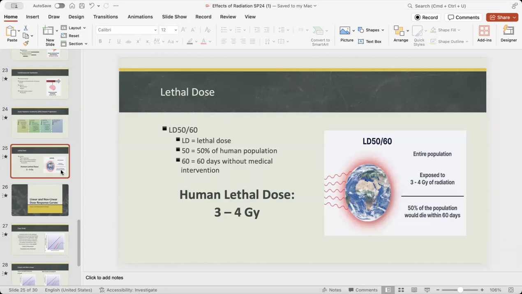So it is the dose of radiation that will kill 50% of the population within 60 days without any medical intervention. A human's lethal dose is going to be between 3 and 4 gray. So if you ever see LD 50/60 or LD 40/50, that's how you interpret that.